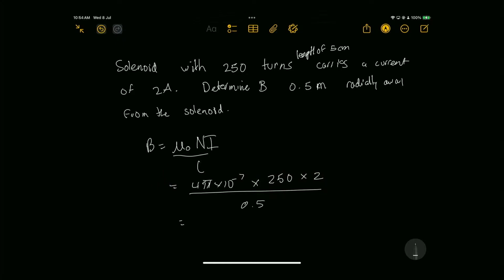Right, so this would be equal to 4 pi by 10 to the minus 4 Tesla.